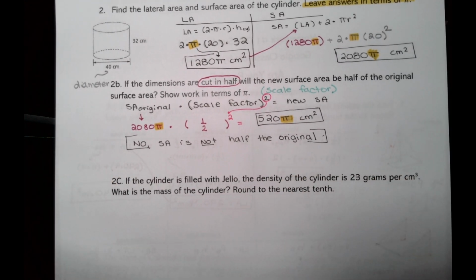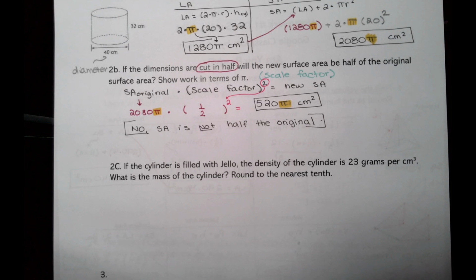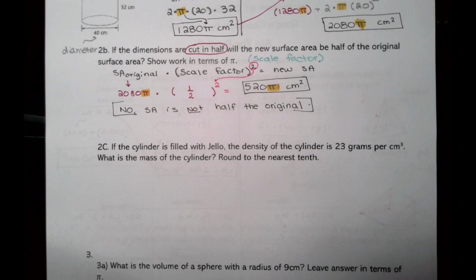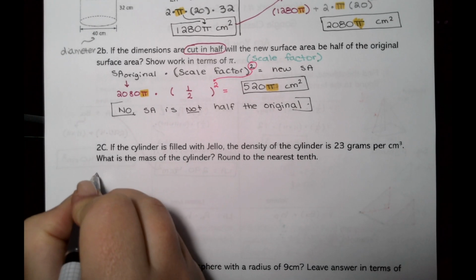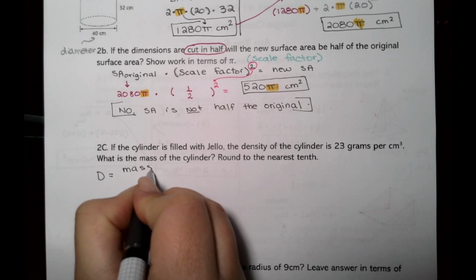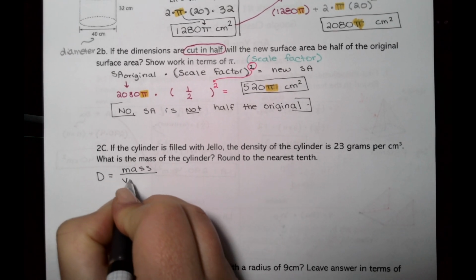Okay, 2C. If the cylinder is filled with Jell-O, the density of the cylinder is 23 grams per centimeter cubed. What is the mass of the cylinder? Now this one here is having you do a formula that we did in class. Density is equal to the mass over the volume.